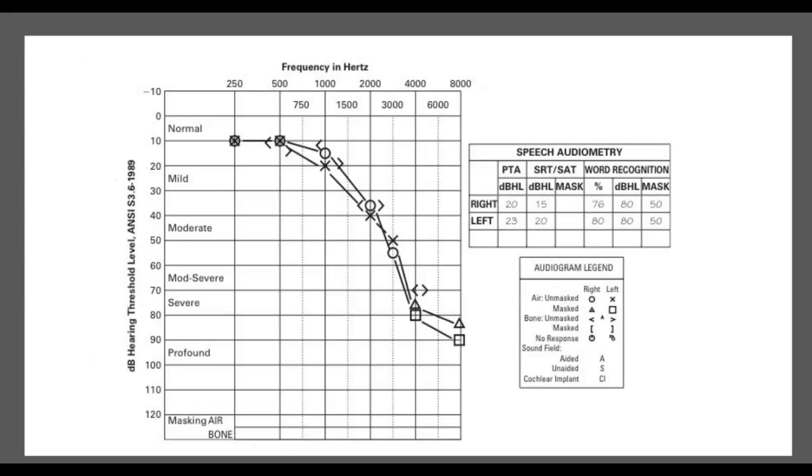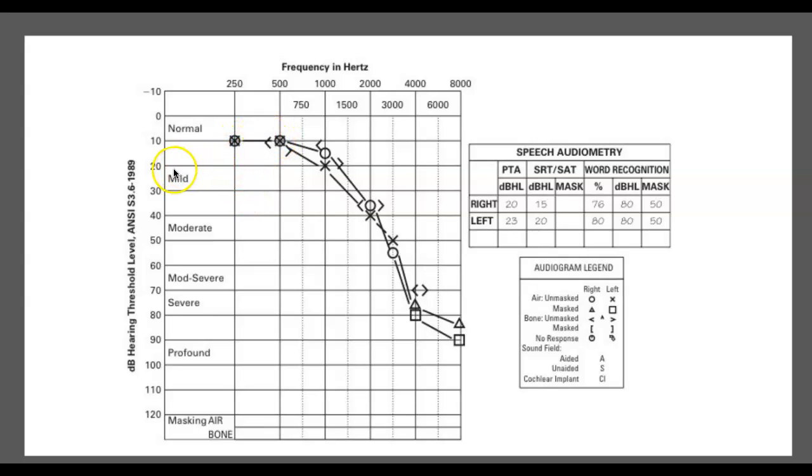But let's go through some of these. So here's the entire audiological evaluation in one graph. So here you have your audiogram, here you have your SRT, your word recognition, and then your pure tone average that they calculated. Okay, so we'll go through this.